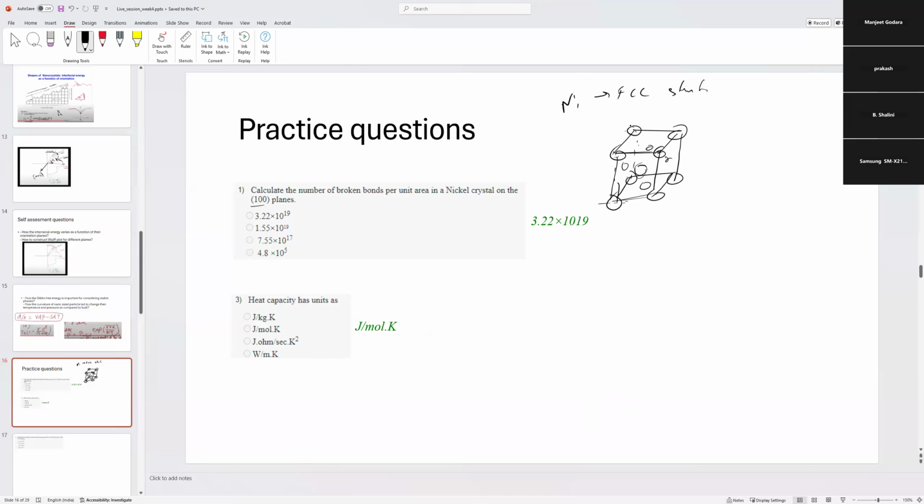I'll draw it. This is the face center. This face is your 100 plane. Okay. So nickel is FCC. You know two things.